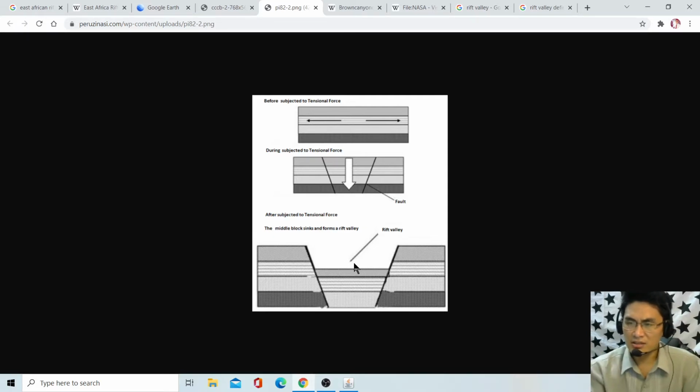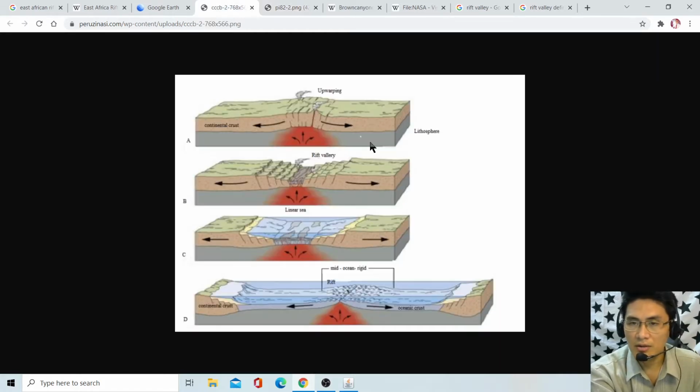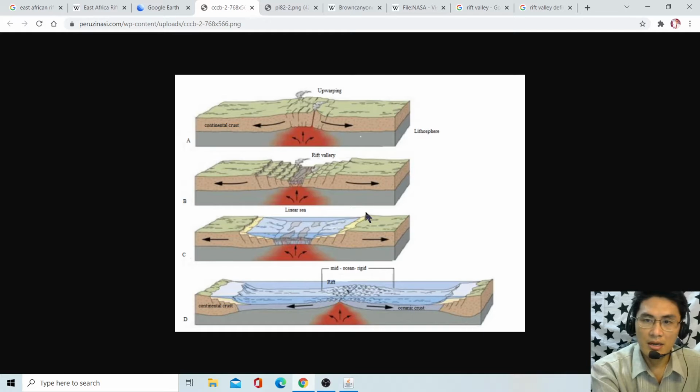But it's not really elevated; it's just that the middle depresses because again, when the plates move, they develop a crack at the center, and therefore the materials at the center kind of depress downwards because it has nowhere to go. So if we are going to look at another illustration, so here you have, because of the forces that push this part of the plate to move this way and that way, you form a crack in the ground, and that part of the ground depresses, and at first it forms a valley, right?